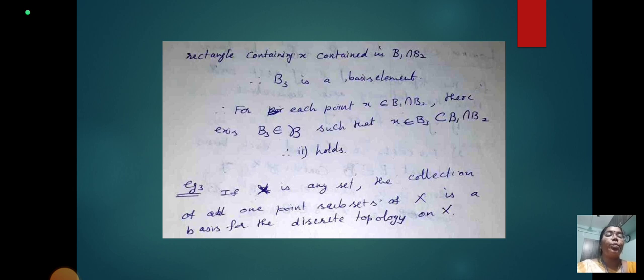For this discrete topology, we can define the basis, that means script B contains the collection of all one-point subsets of X.